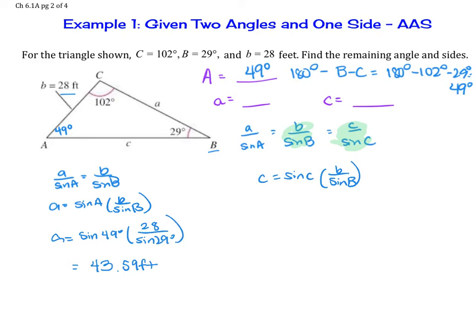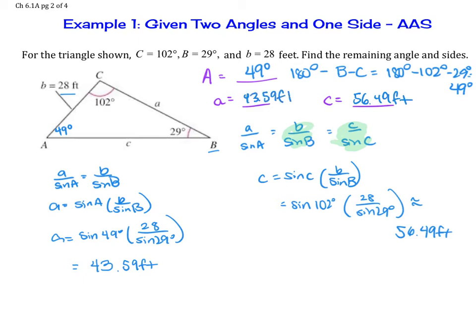Then I plug in what I know: sine of 102 degrees times 28 over sine of 29 degrees. Again, using my calculator, that is approximately 56.49 feet. And then a is 43.59 feet.